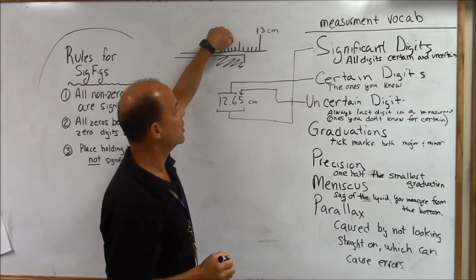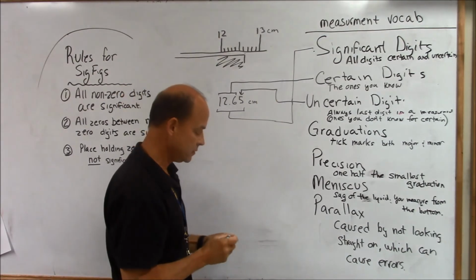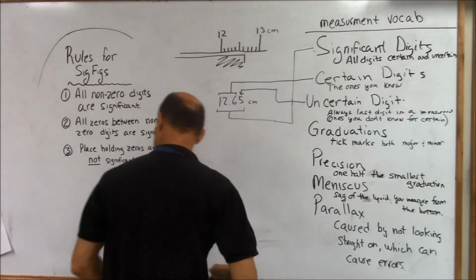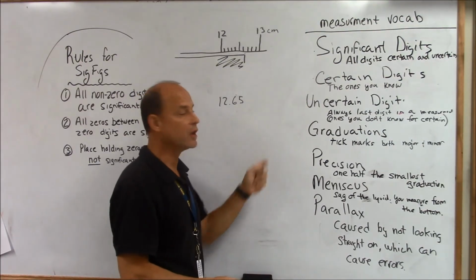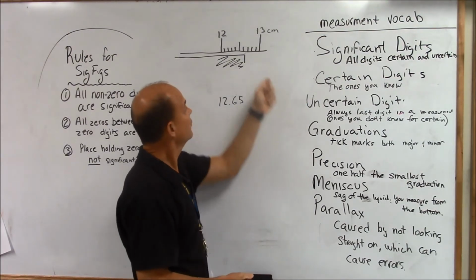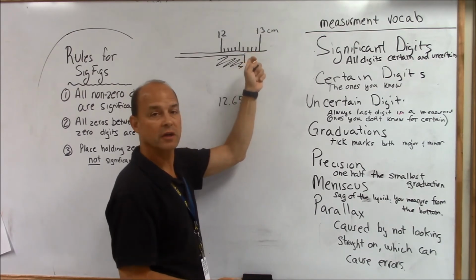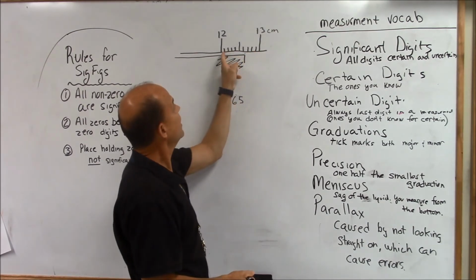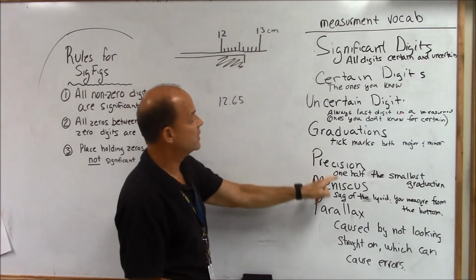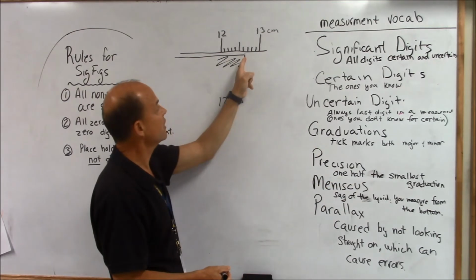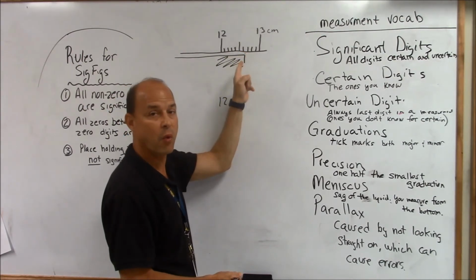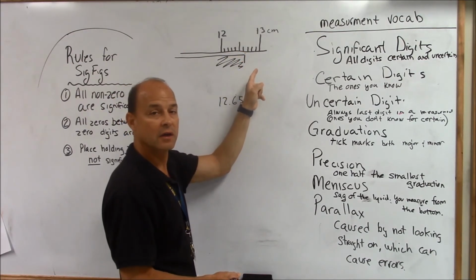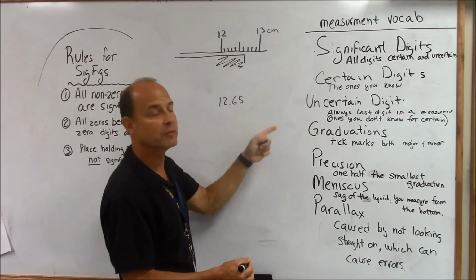Graduations, those are your tick marks here on your rulers. And precision I would write like this. When you're making a measurement, it is a good idea to state the precision. The precision of your ruler here is, well, let's see. The precision is 1/2 the smallest graduation. So the smallest graduation is 0.1 centimeter or 1 millimeter.